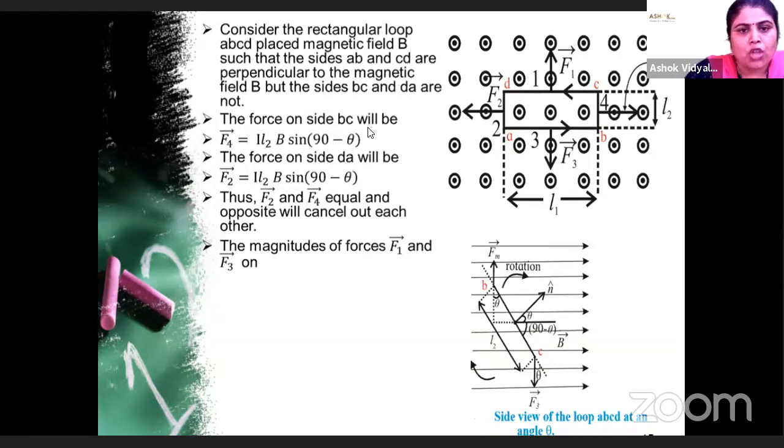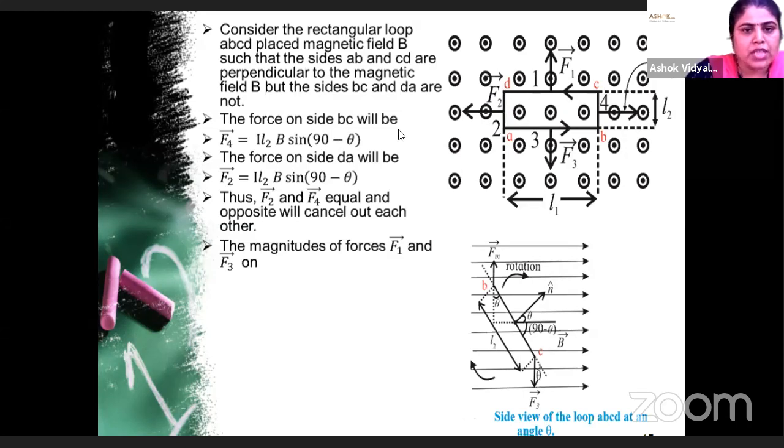Here we take the forces acting on AB, then BC, and then CD or DC. These are the forces acting on the corresponding rectangular wire.